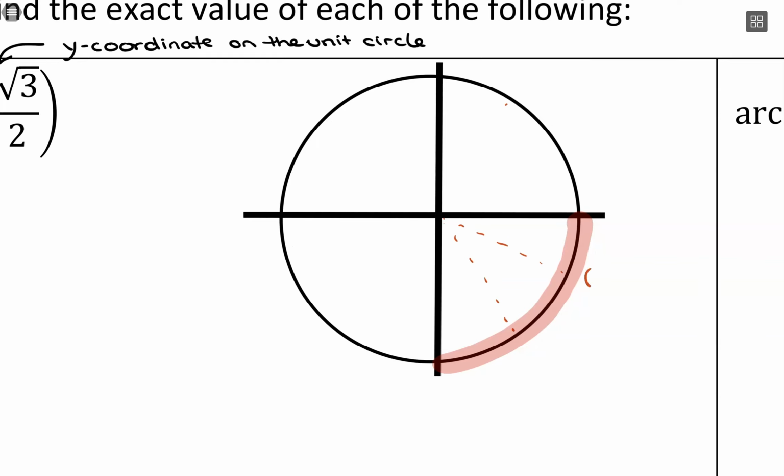For this first one, the x-coordinate is long and positive, so root 3 over 2, and the y-coordinate is short and negative. And then this one here has short positive, long negative. I'm looking for the coordinate that has y equals negative root 3 over 2, which is happening right there. So my angle measurement is right here.